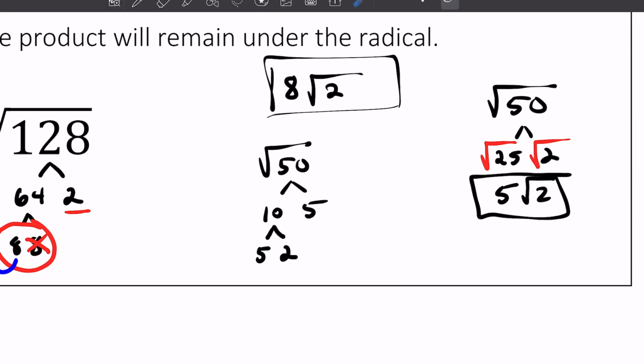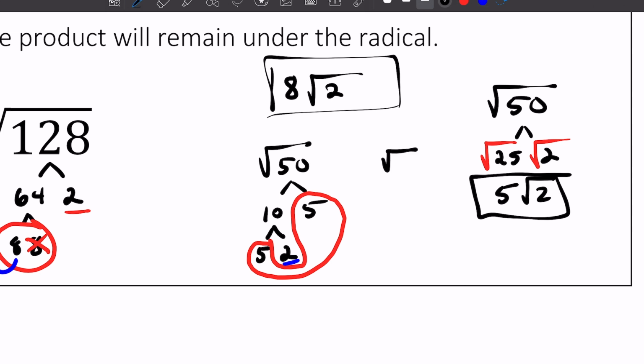So, here's the thing. You have a pair of the same number. You have a pair of 5s. So I'm going to circle them. And then this 2, it's a prime number. You can't break that down. That's going to get underlined. So then, you're going to form your answer.